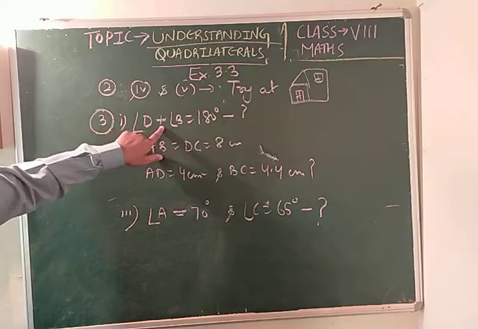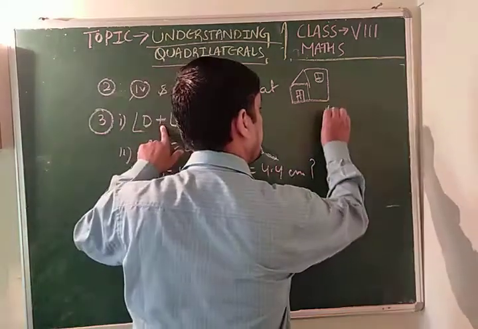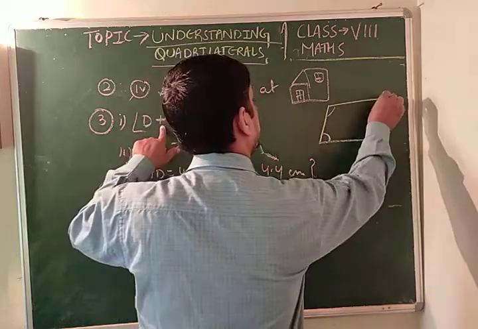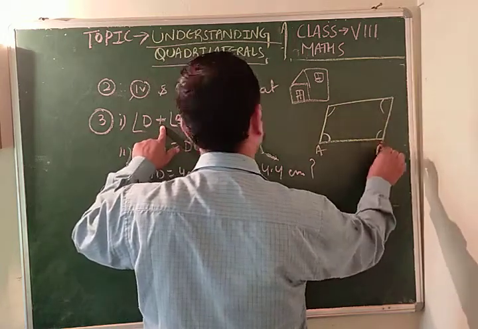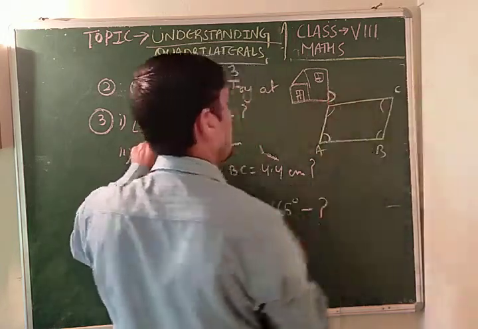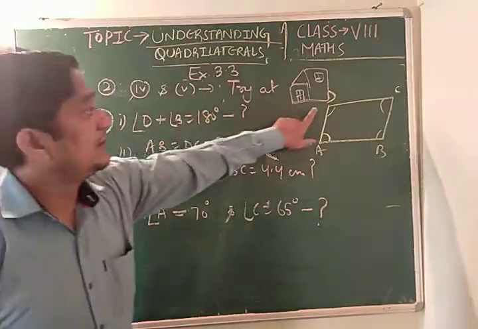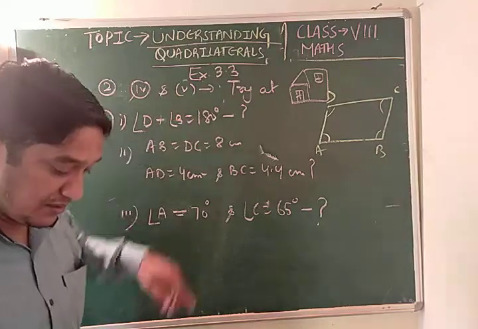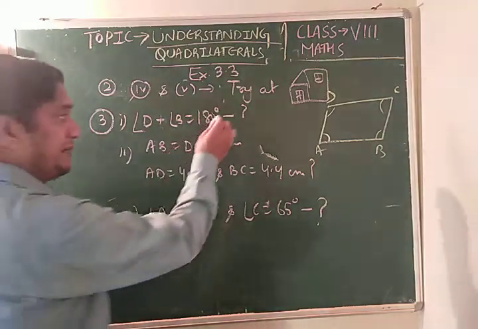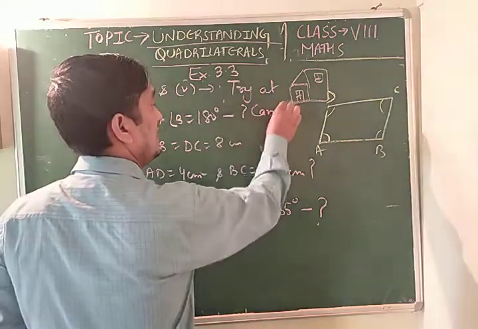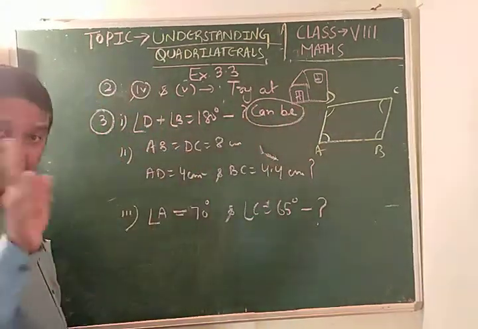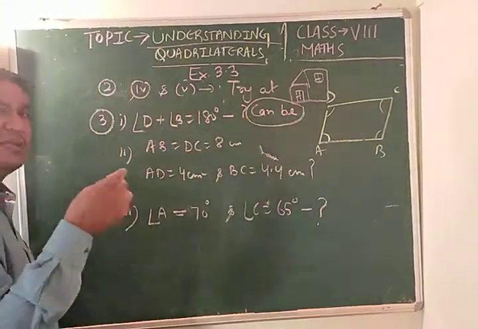Angle D plus B. Let us draw a parallelogram. This is A, this is B, C and D. Now he says these opposite angles are 180 degree. So it can be possible, maybe possible, but may not be.